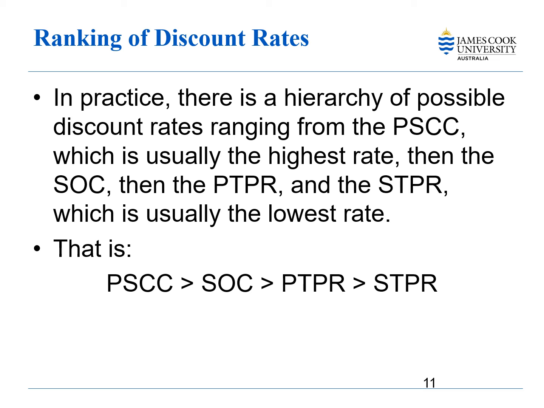So in practice, there's a hierarchy of possible discount rates, ranging from the project-specific cost of capital, generally the highest one, then the social opportunity cost, then the private time preference rate, then the social time preference rate, which is usually the lowest. The ranking is like this.